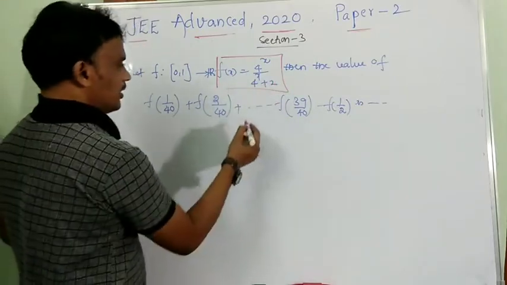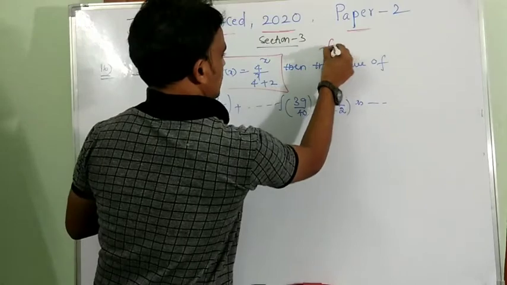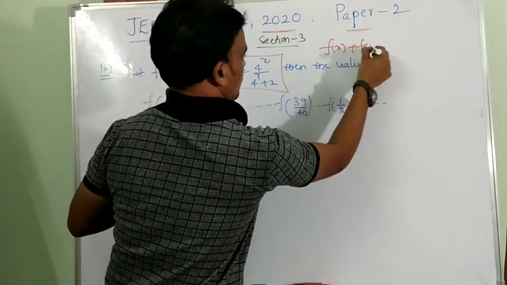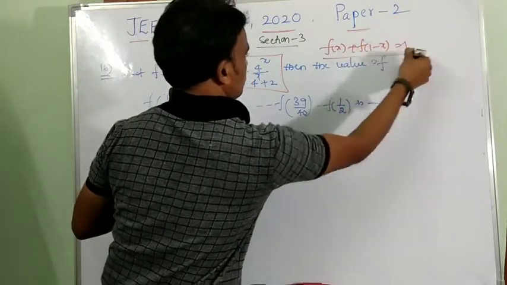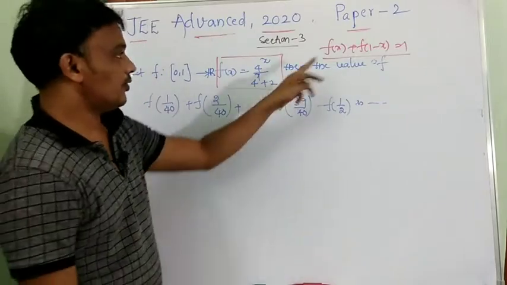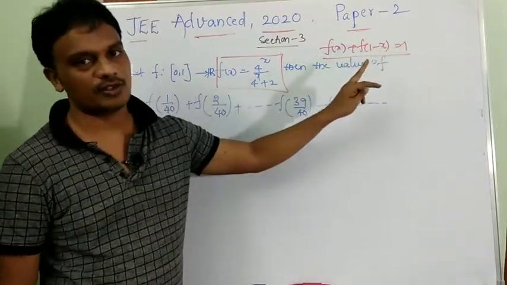This function satisfies our condition: f of x plus f of 1 minus x equals 1. Is it right or not? f of x plus f of 1 minus x equals 1.